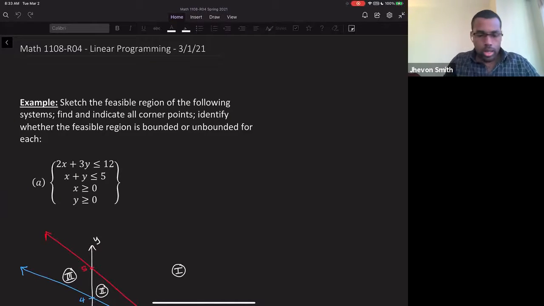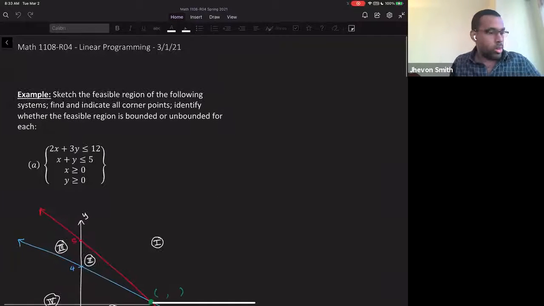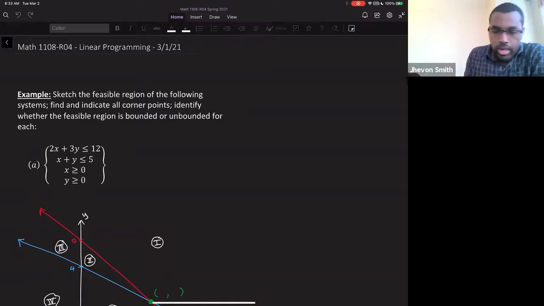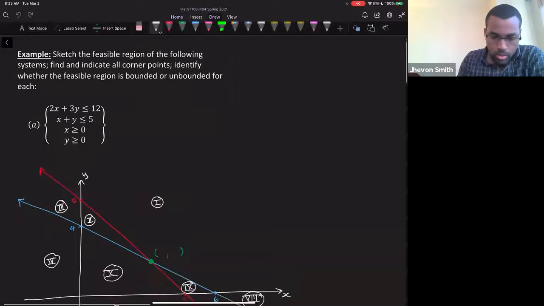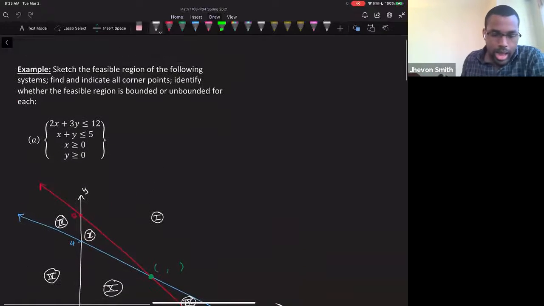Okay, so this is what we were working on last time, and we did it in groups, I believe. So let's just run through what the answers are here, and then we can continue. I asked you about several systems of inequalities.